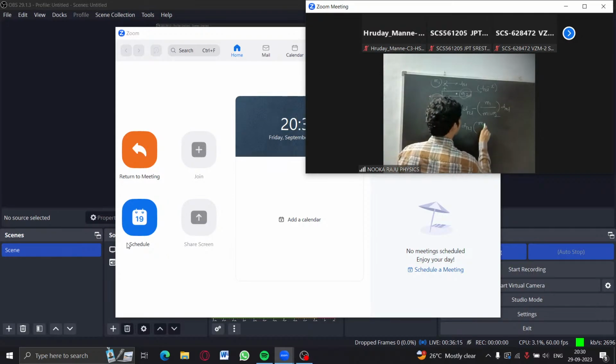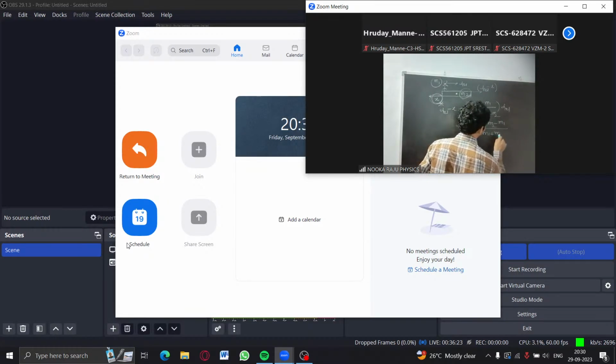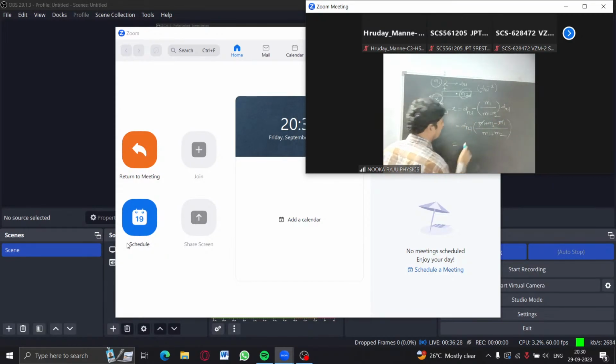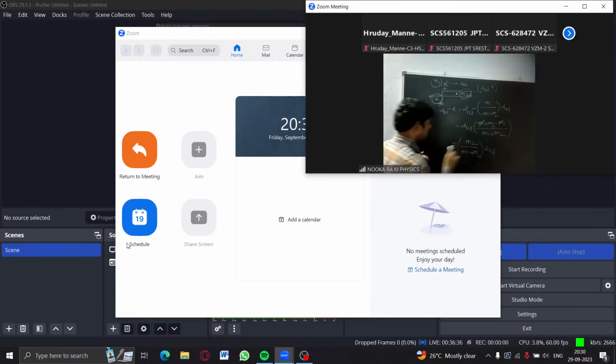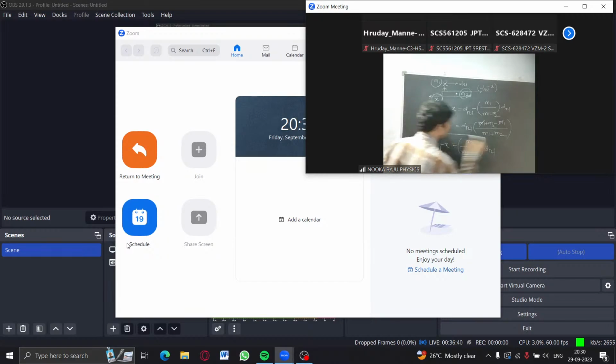So finally m1 plus m2 minus m1, whole divided by m1 plus m2. Here m1 cancels. Finally what we will get? m2 by m1 plus m2 into d relative. This is the d relative minus x value.